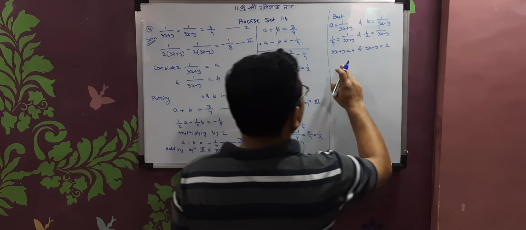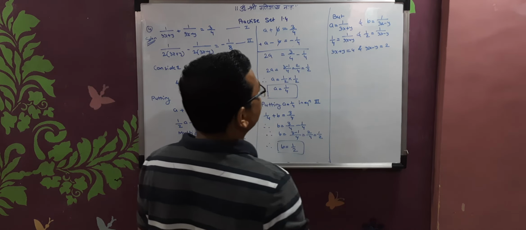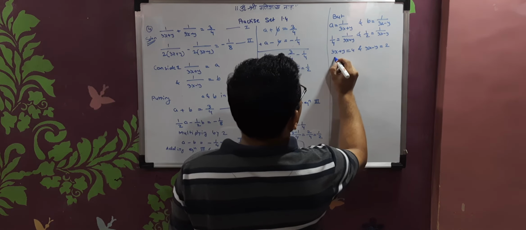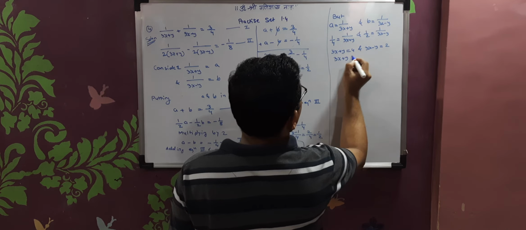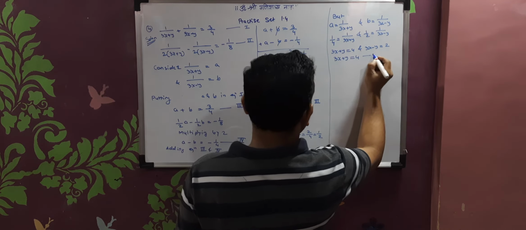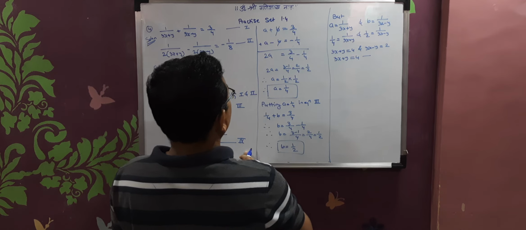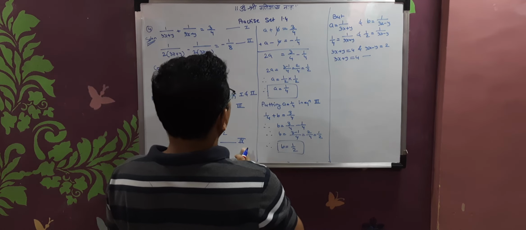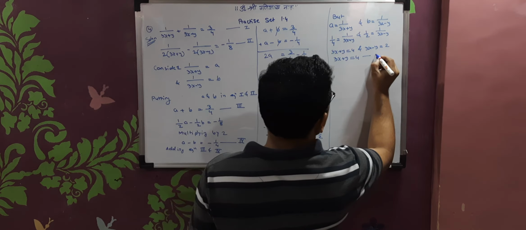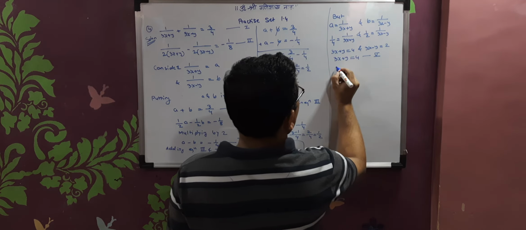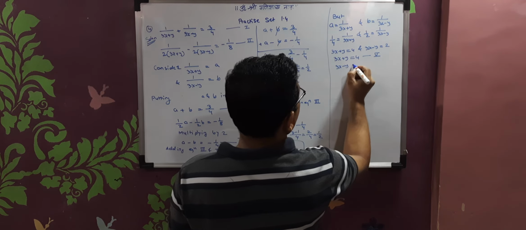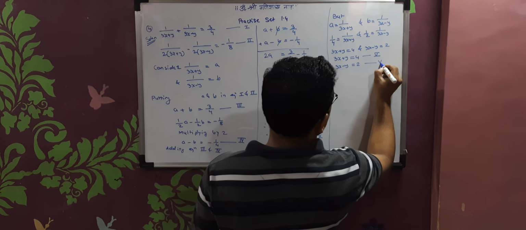Now you have to calculate the value of x and y. So what we will do? See, this is equation number 3x plus y is equal to 4. We have calculated equations up to 4, so you can consider this is 5th and 3x minus y is equal to 2. This is 6.